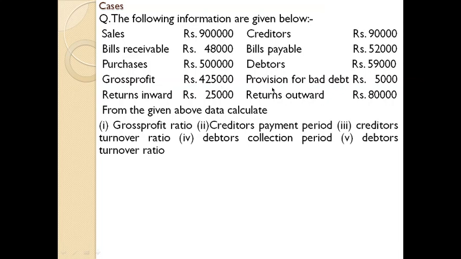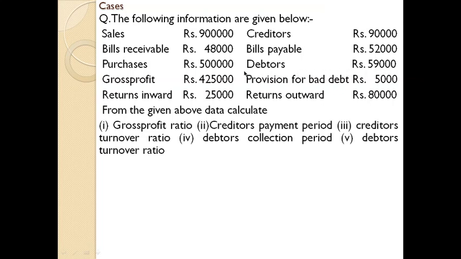And always remember that the details given in the question don't mean that you need to consider all individual items while computing various ratios. Some of the information may not be needed for computing the ratios. For example, here the provision for bad debts actually doesn't have any relevance in computing any of the ratios, because bad debts relate to debtors.